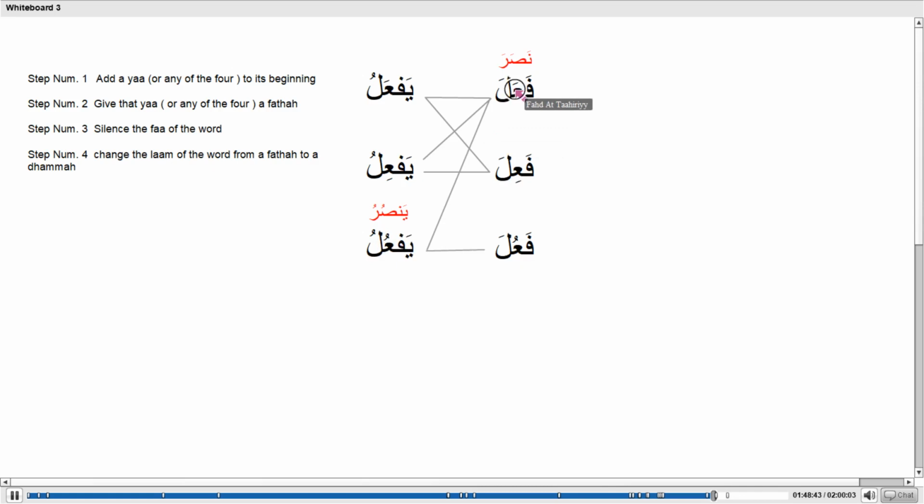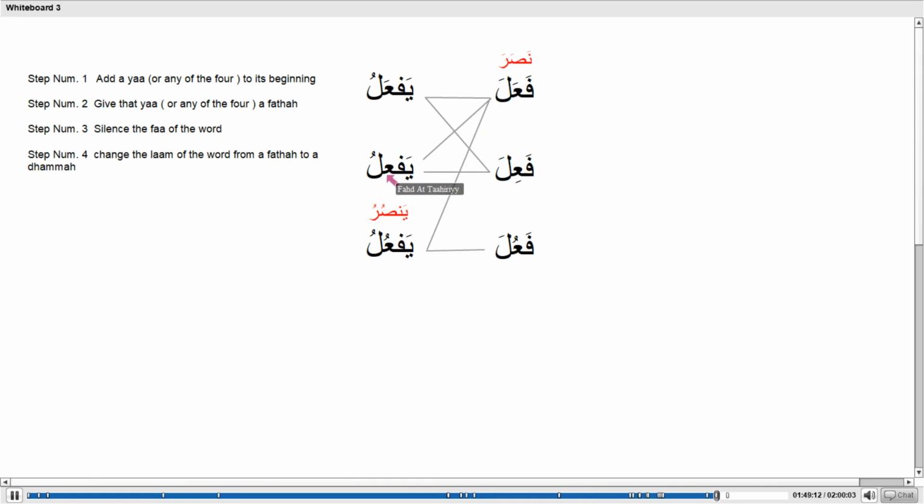Is it different here? Is the haraka of the ayn in the madi here different than the haraka of the ayn of the mudari' it is combined with? Yes. That's how it's supposed to be. Okay? Now, let's go to the second combination. The haraka of the ayn in the madi here, is it different than the haraka of the ayn in the mudari' here?